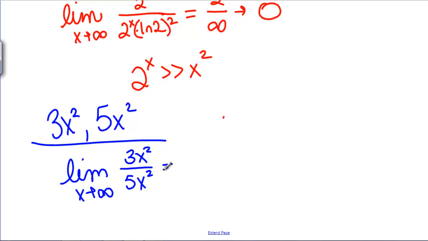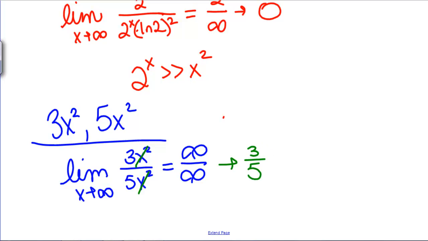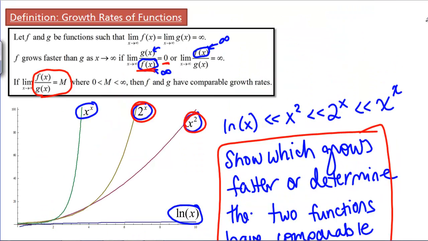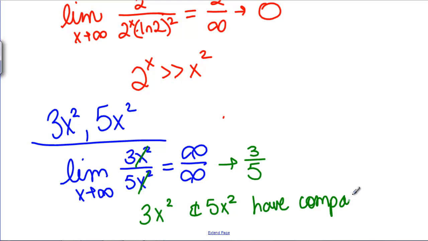Even though that's infinity over infinity, those x squareds are going to cancel out, which is the easiest way to do this problem. This limit becomes 3/5. Well, 3/5 is an actual number. It's not 0, it's not infinity, it's something in between. So this means that 3x squared and 5x squared have comparable growth rates. That means they grow pretty much at the same speed.